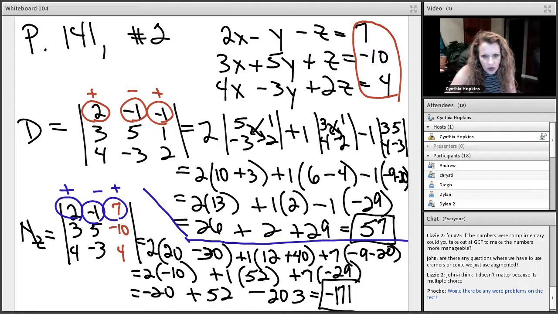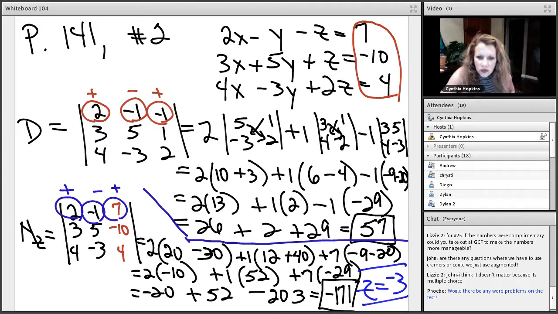And so when I take my n sub z, which is -171, and divide it by my d, which is 57, I get z equals -3. And that's exactly what we got when we did our augmented matrices. And so you can see that we got it right. Okay, there you go. That is Cramer's rule or determinants.